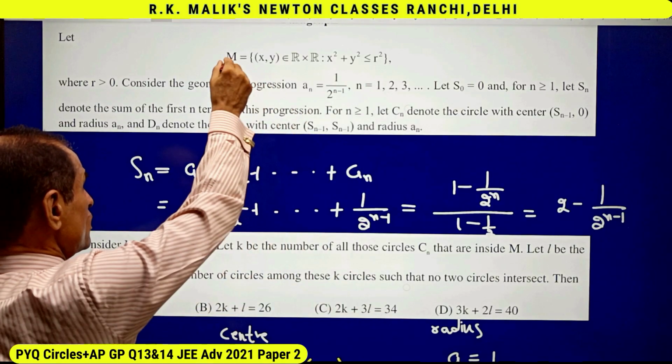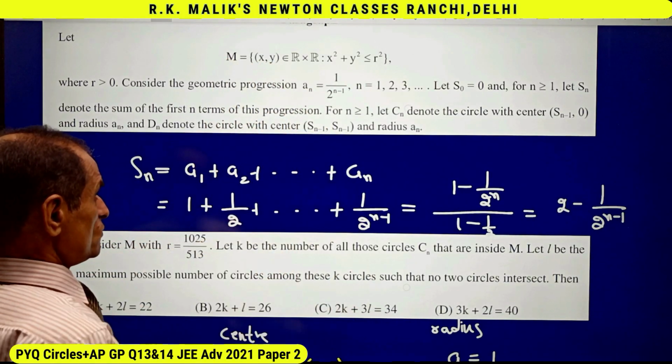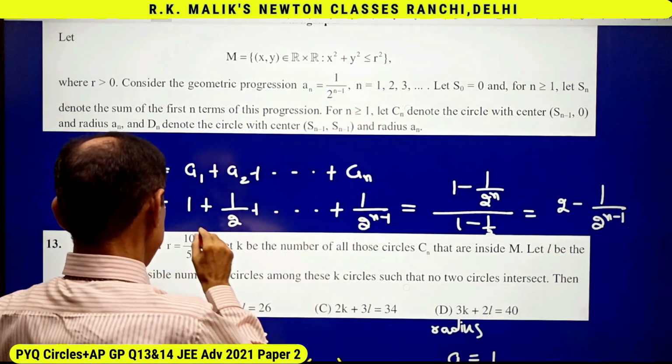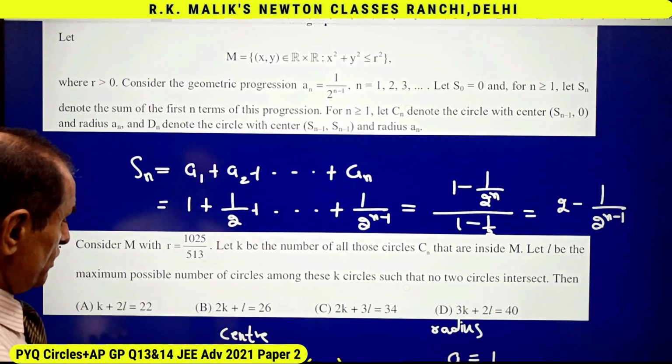And now to draw the circle of set M, we will be drawing a circle with center 0, 0 and radius 1025 by 513.